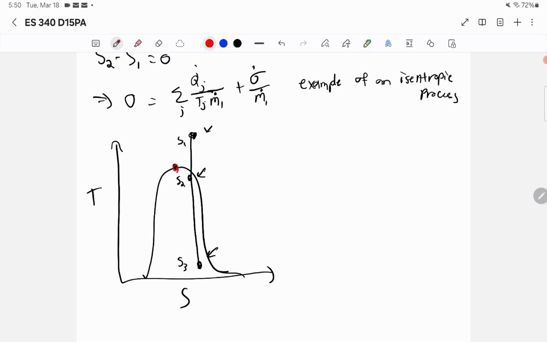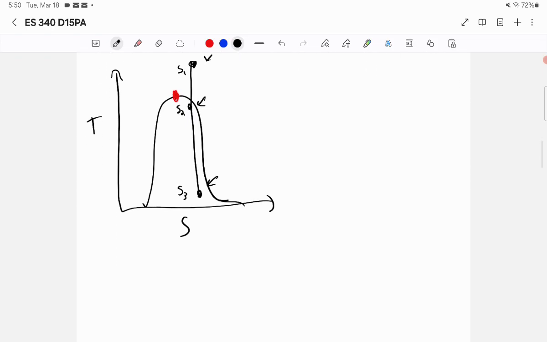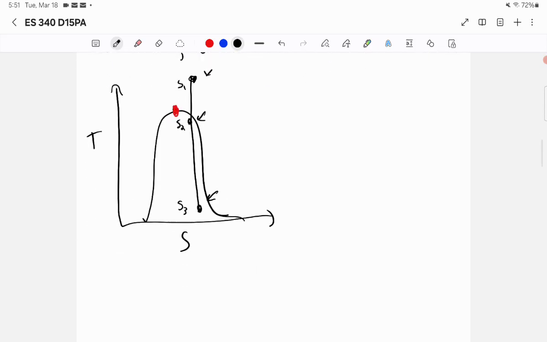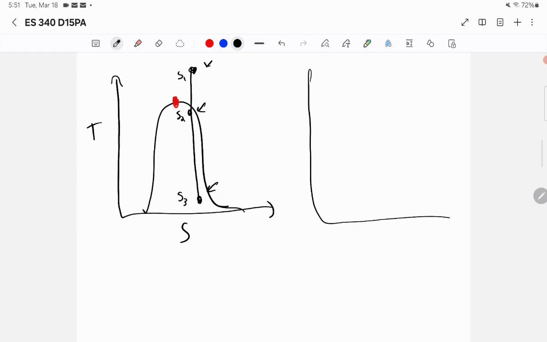I'll highlight it in red. That would be the critical point. So this point up here is probably in a superheated state, right? So we have two of them in the mixture and one in a superheated state, something like that. And it would be similar on the molar diagram, which is the enthalpy versus S, right?